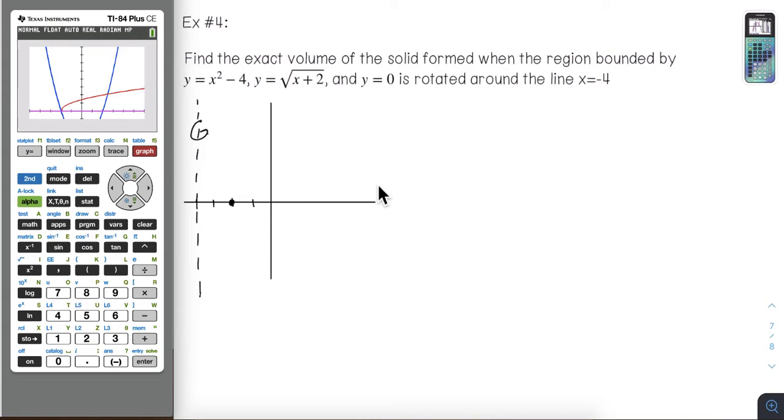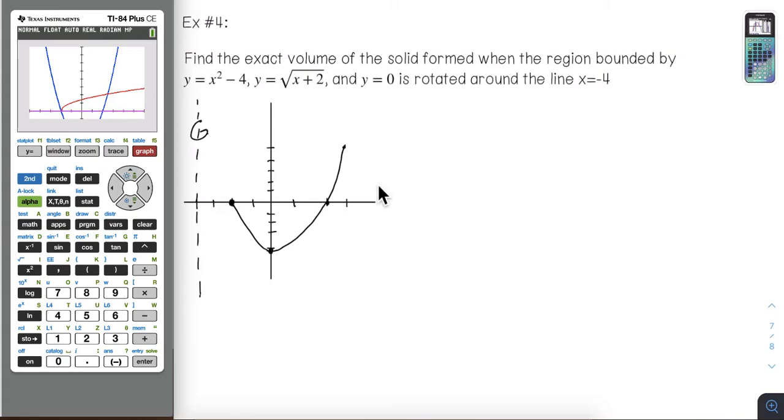Okay. And then let's see, we got 2, 0. I know that this is going to be 1, 2, 3, 4. If I plug in 3, that's at 5, 1, 2, 3, 4, 5. Okay. And then I've got that.